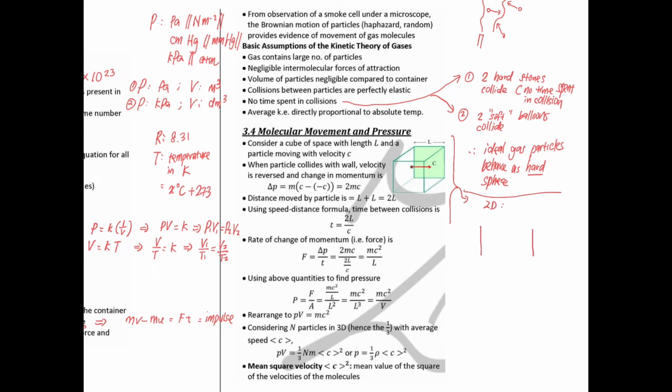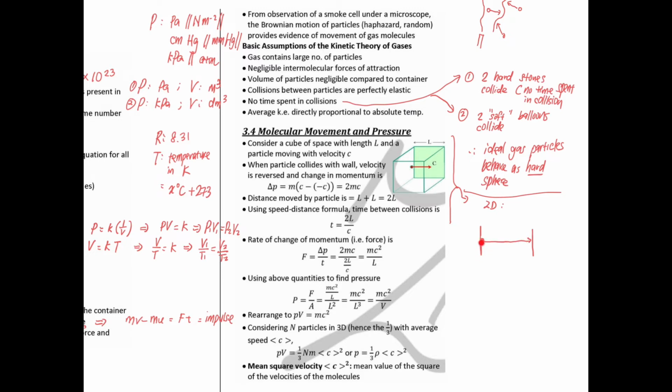Imagine that the particle starts from one side of the cube and moves all the way to the other side of the cube. Something like from the left surface of the cube, move all the way to the right surface of the cube. So that's why in 2D it looks like this.